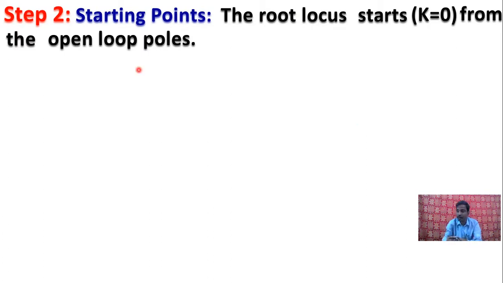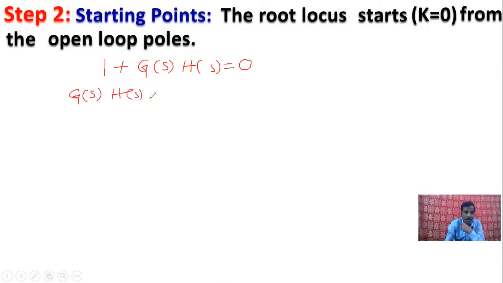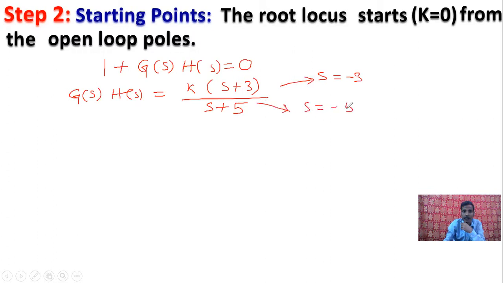Suppose 1 + G(s)H(s) = 0 is called the characteristic equation, and the open loop transfer function G(s)H(s) is equivalent to k(s + 3)/(s + 5), where s = -3 is the zero position and s = -5 is the pole position.